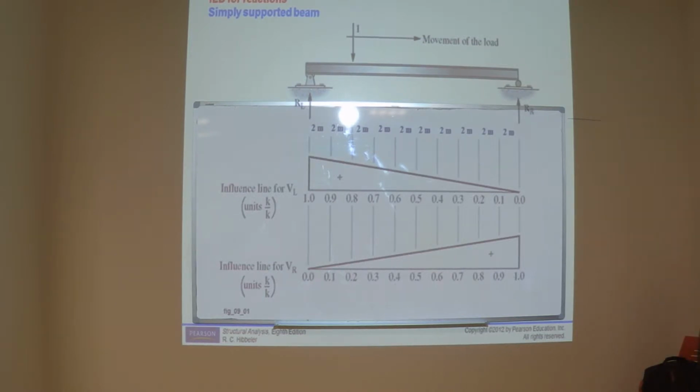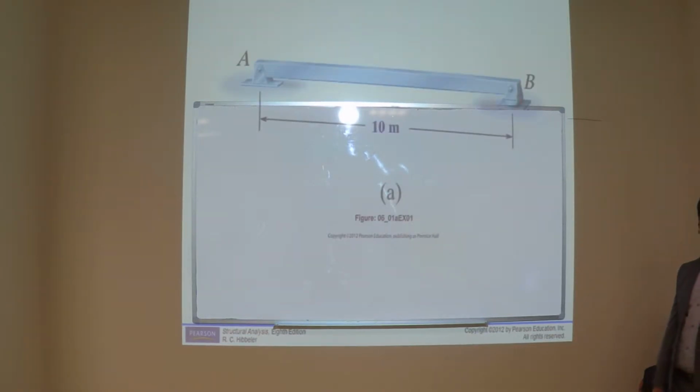But this diagram shows the influence line diagram for reactions. If you see at the top, it is written ILD, influence line diagram for reaction. What is this diagram? You will understand this diagram at the end of this lecture, I hope. Let's start from the beginning.